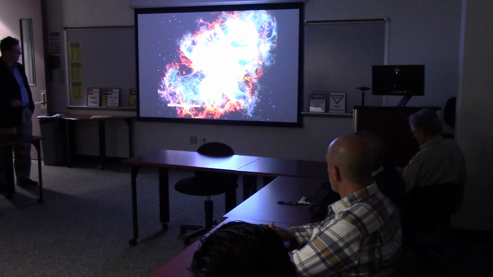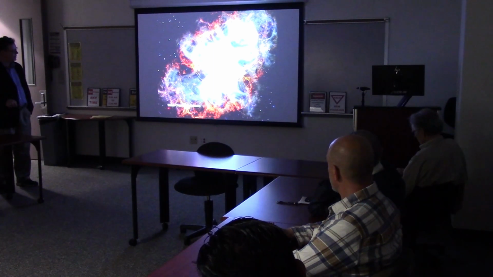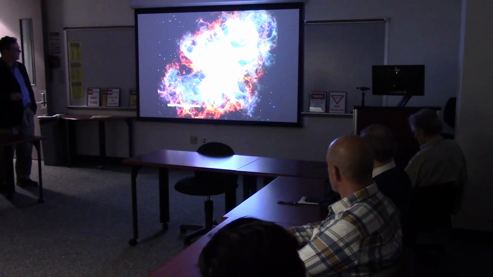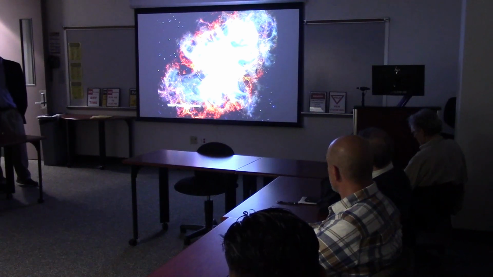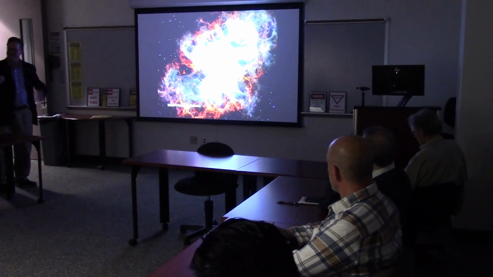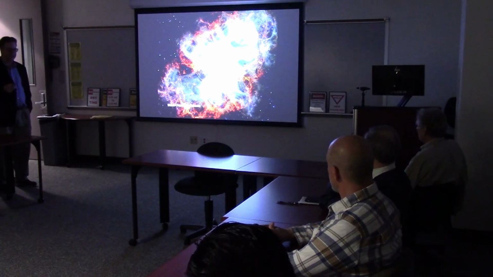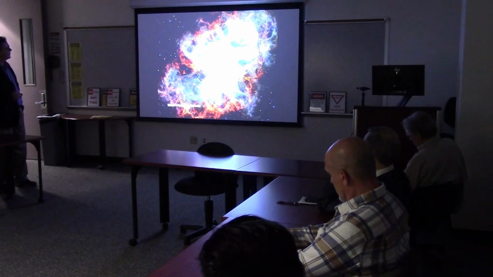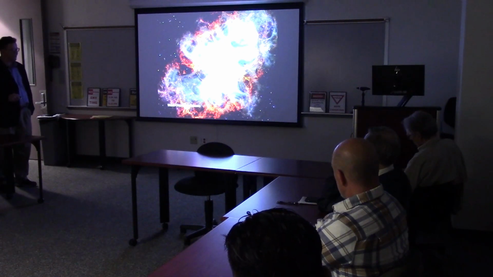This image is, again, a composite image, Webb and Chandra, with everything colorized, of course, because it all looks pretty bland if you're just using the infrared and X-ray images. But this is from the Crab Nebula.